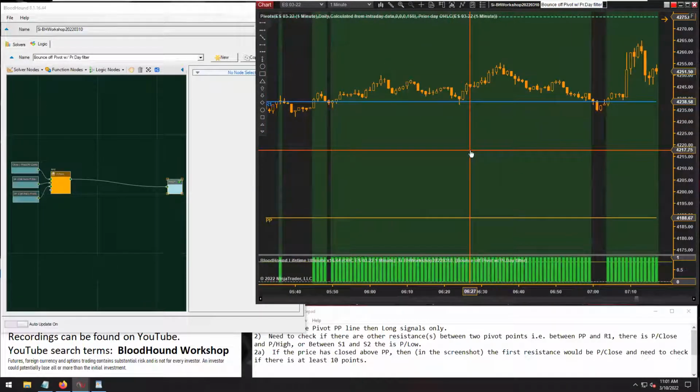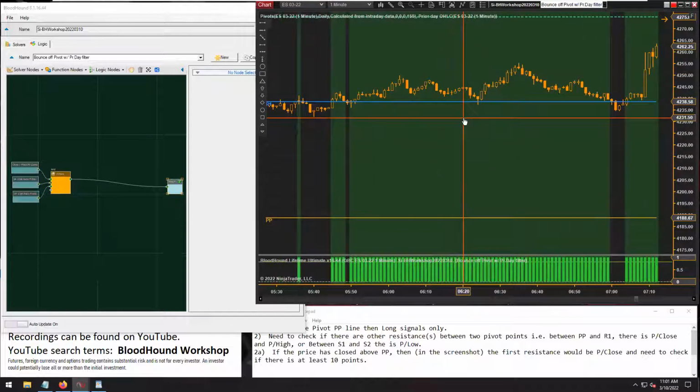That's the subjective part of finding bounces, or rejections. The other term that's used is price rejecting a support resistance line. So a bounce or a rejection, whatever you want to call it.